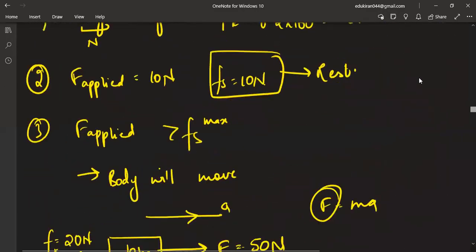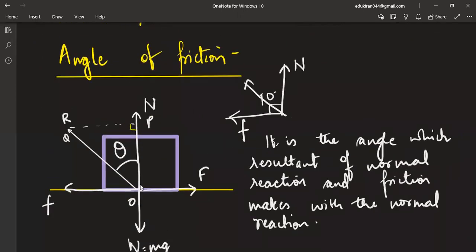Angle of friction: remember, normal reaction is there, friction is there. So there's a resultant between the normal reaction and the frictional force. Let's say this is the resultant. If you apply the parallelogram law, this is the normal reaction and let's say this is the frictional force acting. These represent the two adjacent sides of the parallelogram. So how do we get the resultant?